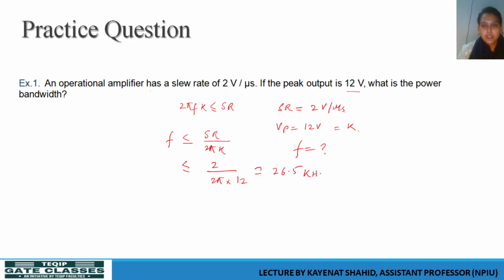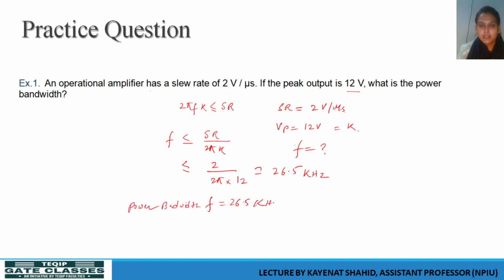kilohertz. So the power bandwidth, or the frequency range bandwidth we are saying, because the range is counted from the DC voltage signal, is nothing but this value, 26.5 kilohertz.